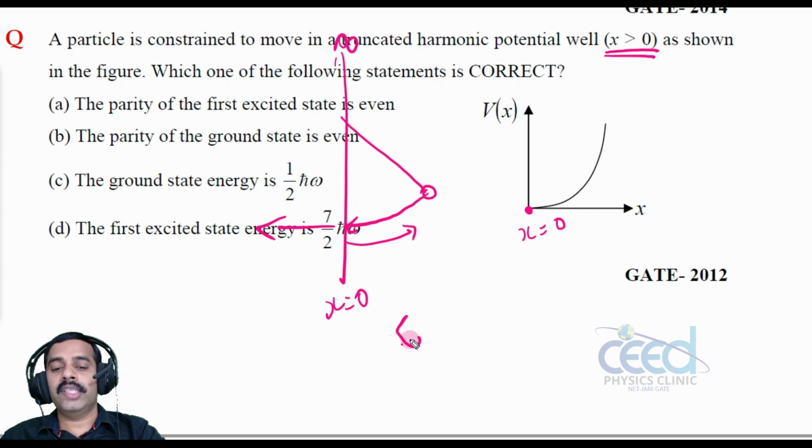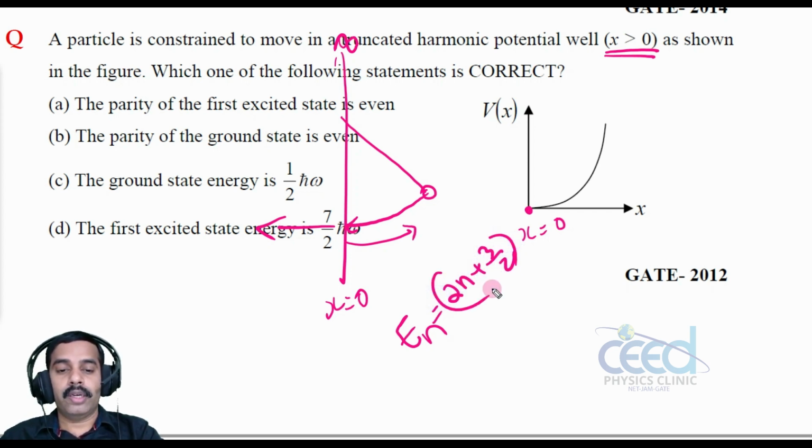Alright. So in that case we have discussed the energy eigenvalue. So let us go back to theory. I have already taken this 2n plus 3 by 2 into h cross omega. Right. This is the equation for the energy eigenvalue for half harmonic oscillator we have studied. So what is its first excited state energy? n is equal to 1, right? For the ground state it is n is equal to 0, so 3 by 2 h cross omega.